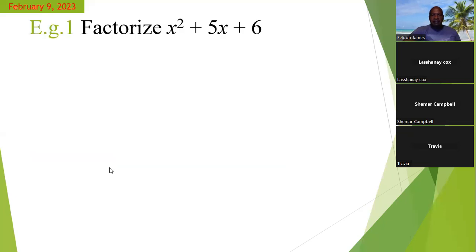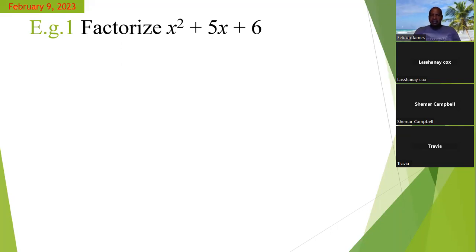All right, so let us work through this question. The general thing is that we are looking at the last term. What is the last term here? Or in other words, what is c? c is 6.